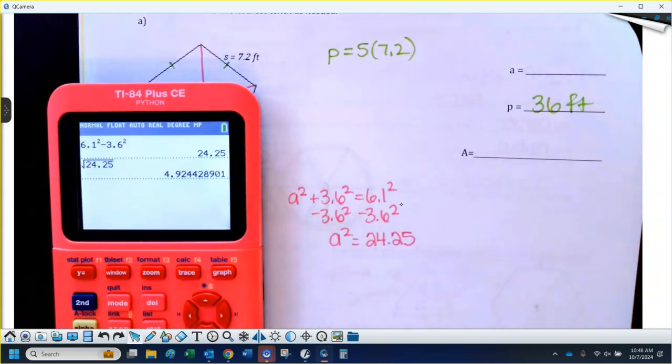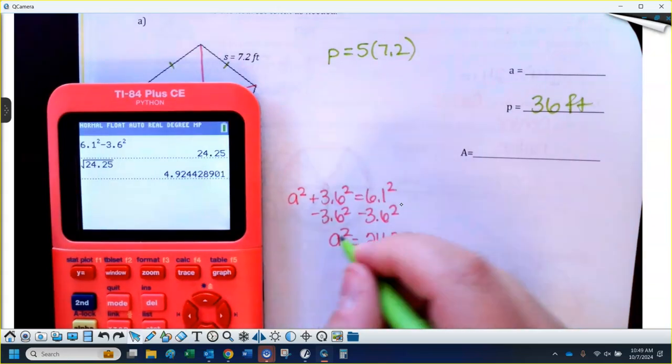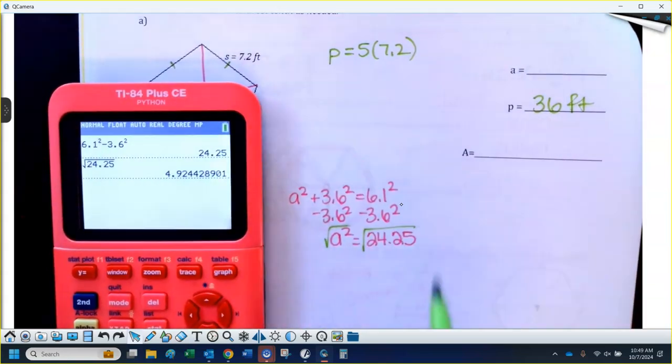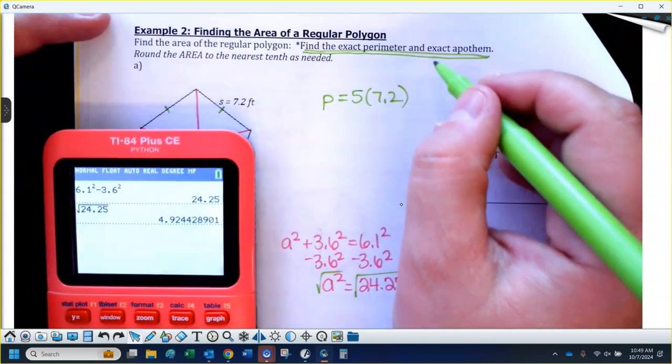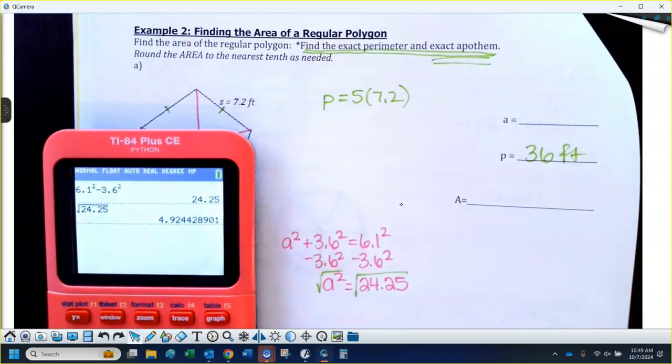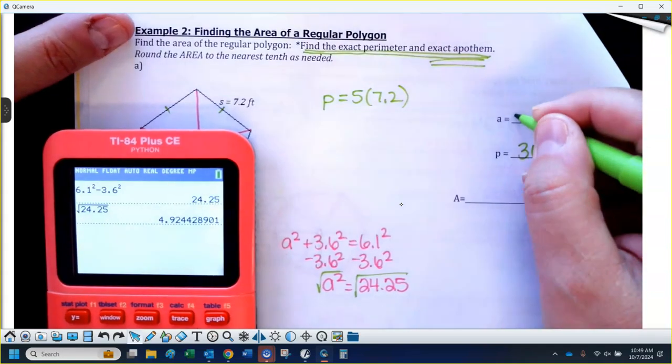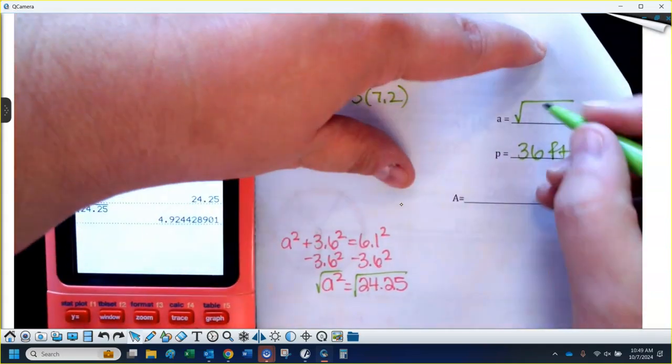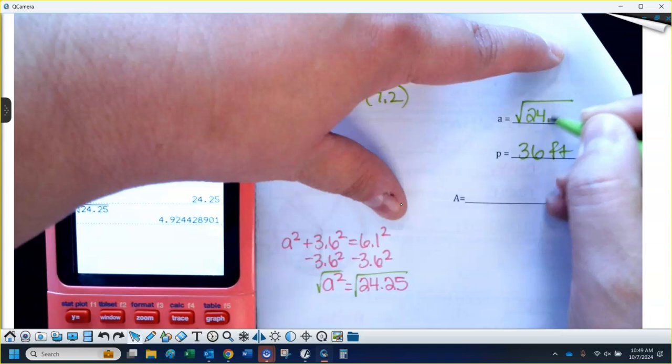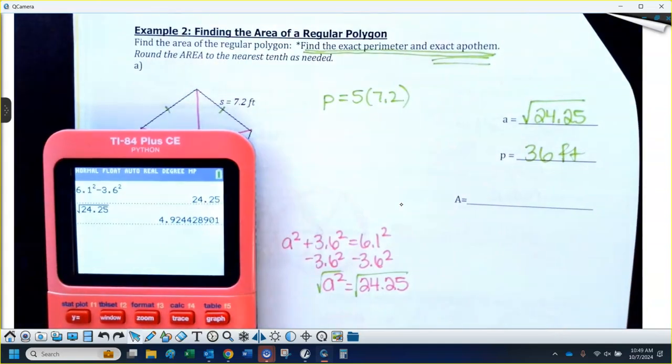So I have this long decimal, and we don't want to round multiple times as we go through the process of solving this problem. So when it says up here at the top, exact answer, instead of typing that into my calculator at the moment, I'm going to write that the exact apothem would be the square root of 24.25.